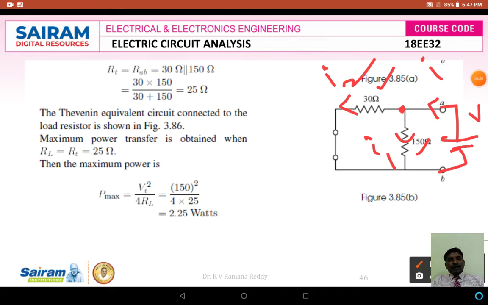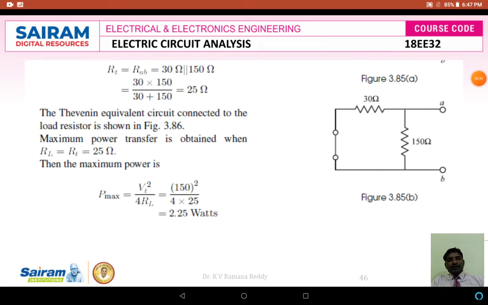Therefore the R equivalent value here is 30 ohms connected in parallel with 150 ohms. Therefore RTH, that is RAB, is equal to 30 into 150 divided by 30 plus 150, that is equal to 25 ohms.